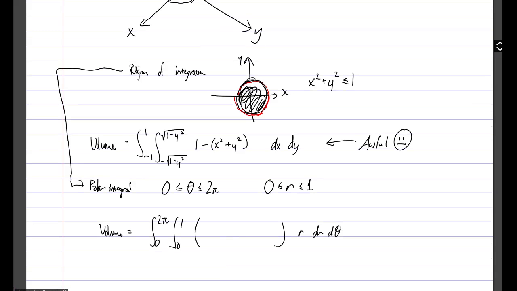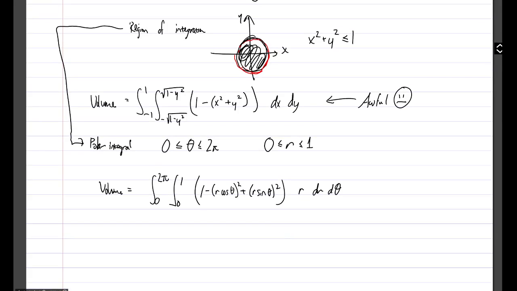write in place of this, there should technically be parentheses there, 1 minus, there's a slow way and a faster way. I'll just mention the slow thing because this would work in general, which is just replace x with r cosine theta. There's still a square there. Replace the y with r sine theta. There's still a square there.